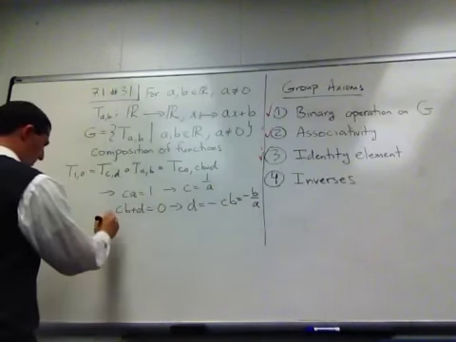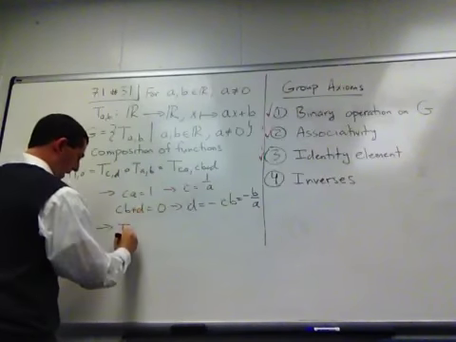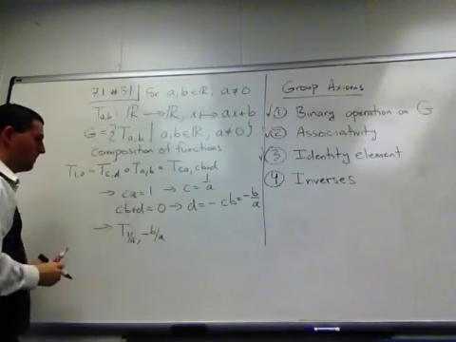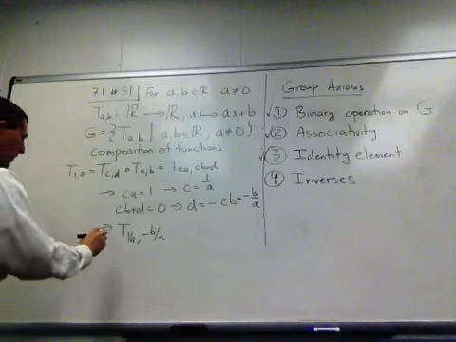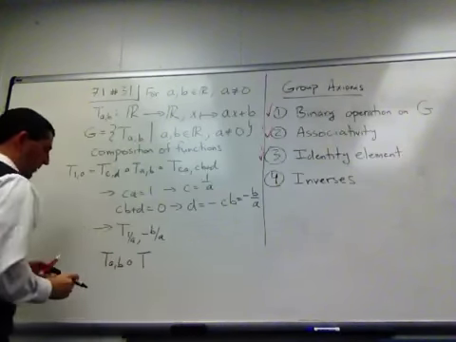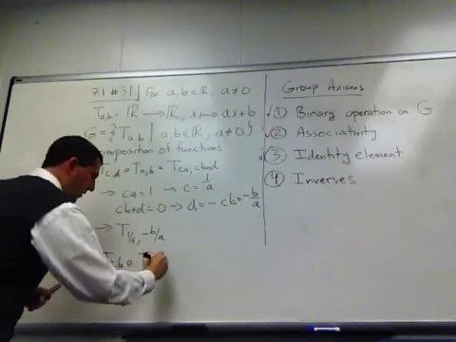So our candidate is t sub 1 over a, comma, negative b over a. Now we know it's going to work in this order. Let's check the other order. If we do t sub ab after this one, now our c became 1 over a, and our d is negative b over a.